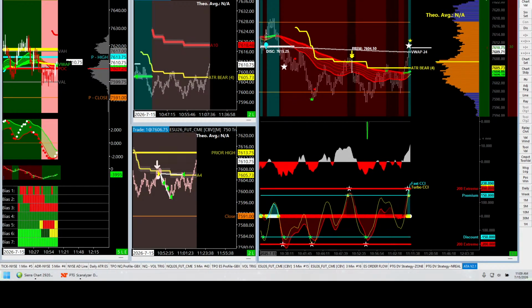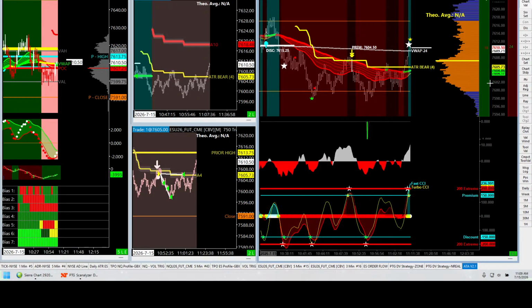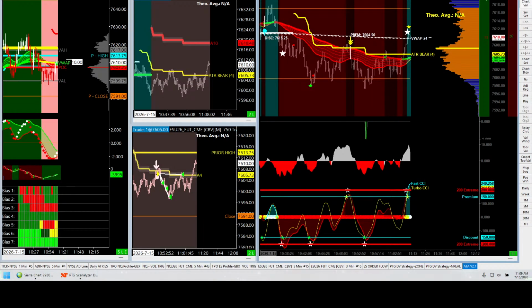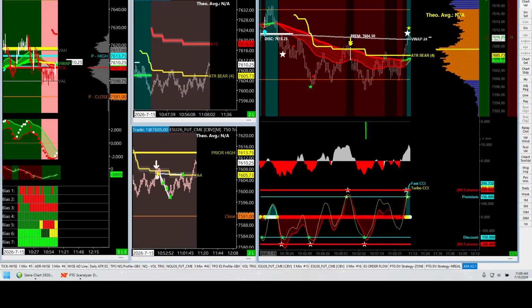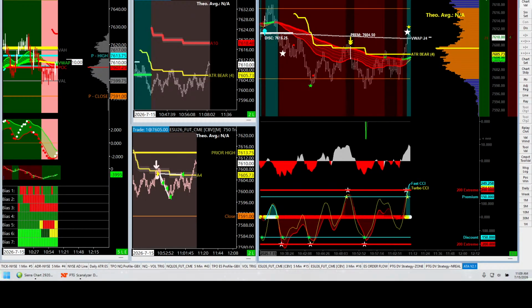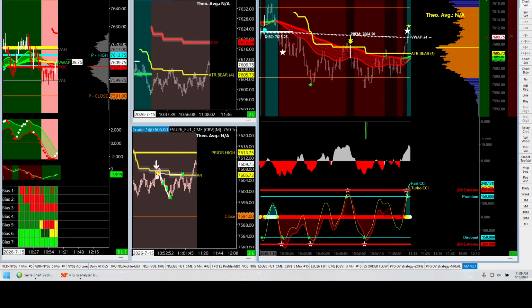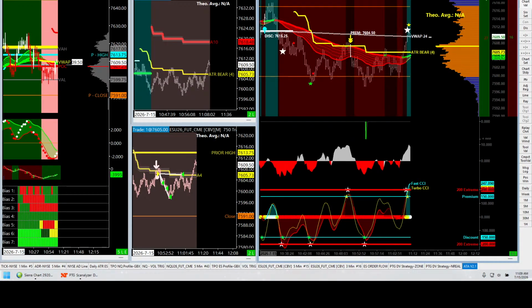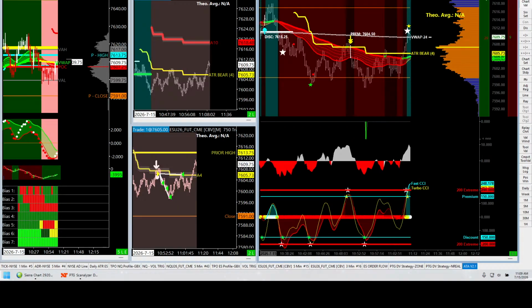All the various details of these signals and so forth are all part of the educational process that our members go through. It's a strict protocol.